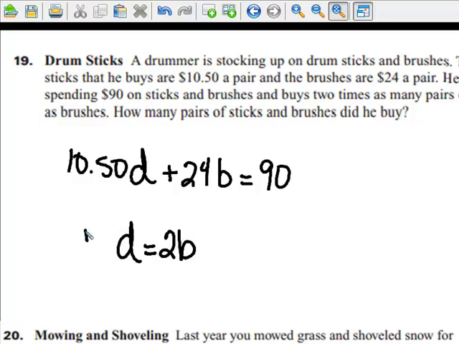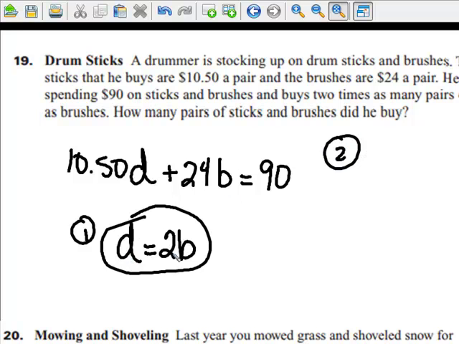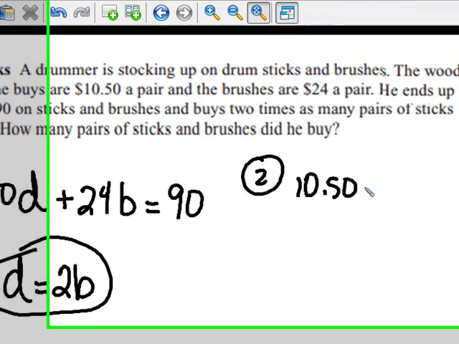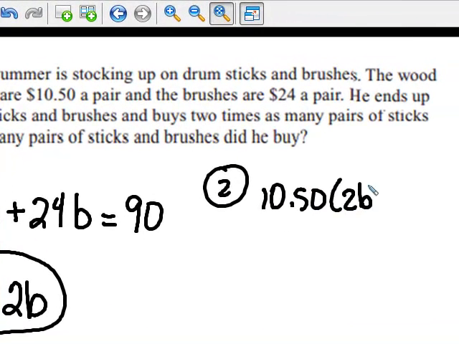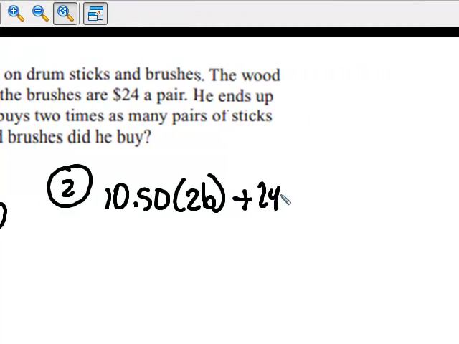So here really is step 1. This equation in our system has D solved. So one of the variables is isolated. So let's go on to step 2. I'll substitute the D in here. So I have 10.50 times 2B plus 24B equals 90.